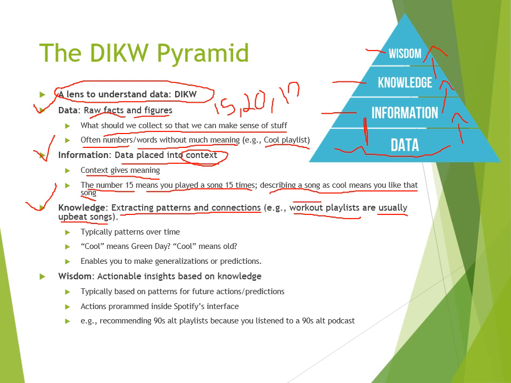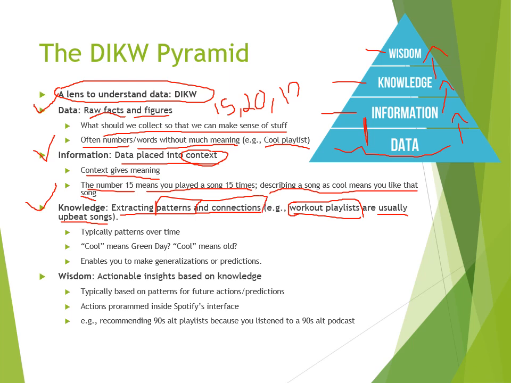So then you would understand that, over time, for this single person, and if you were to apply that generally to other people who titled their playlists workout playlists or exercise playlists or running playlists or something like that, you might be able to find a pattern and make a connection between up-tempo songs and working out.